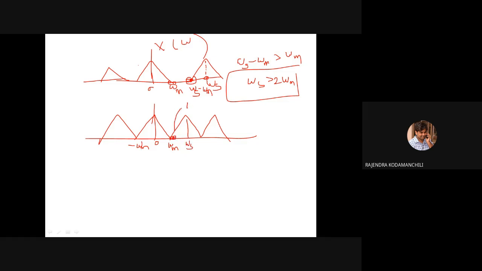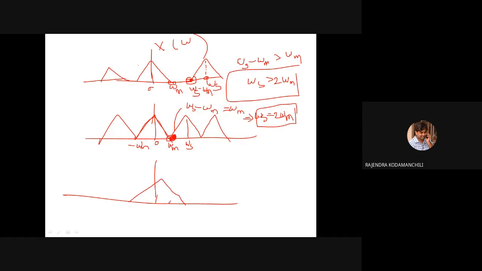This value is omega s minus omega m, and omega s minus omega m and omega m, those two are equal. So now omega s is equal to 2 omega m. Second one: in this case also, when the signals are perfectly landed, the original signals are recovered from the sampled output signal without overlapping.